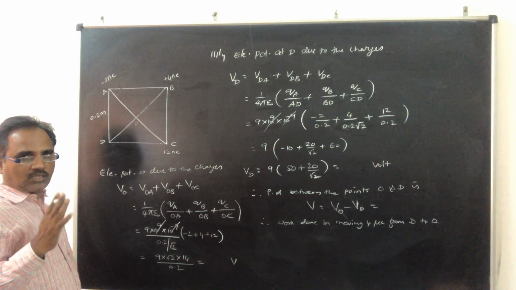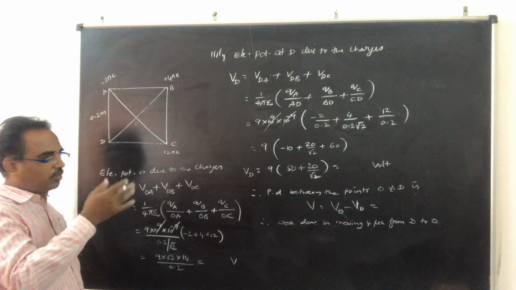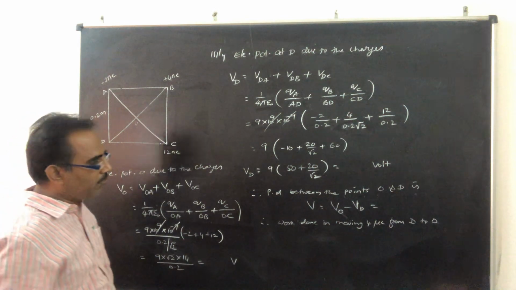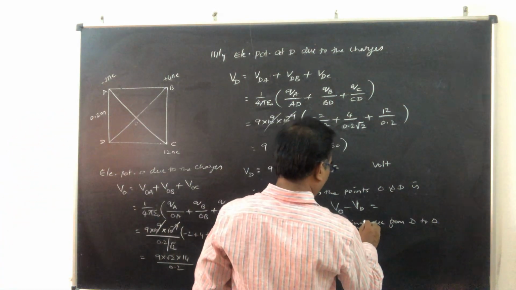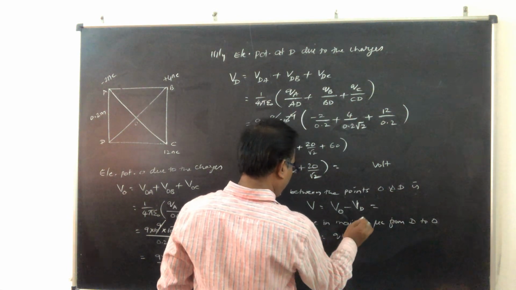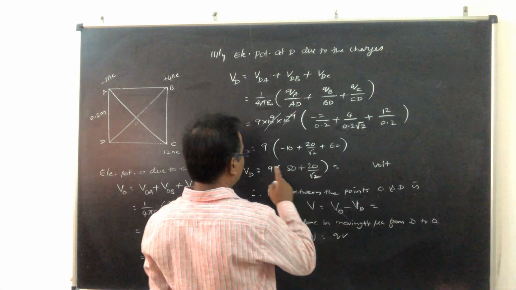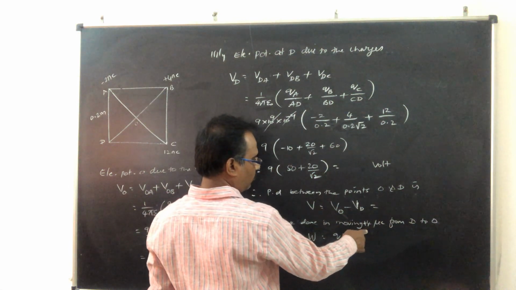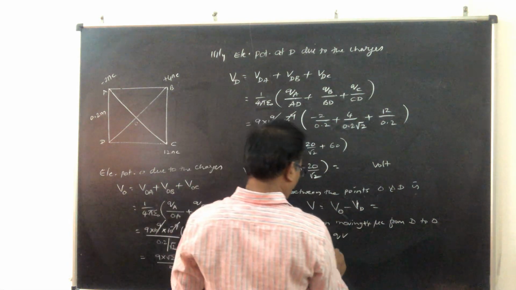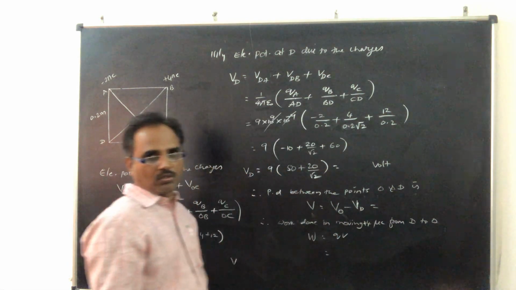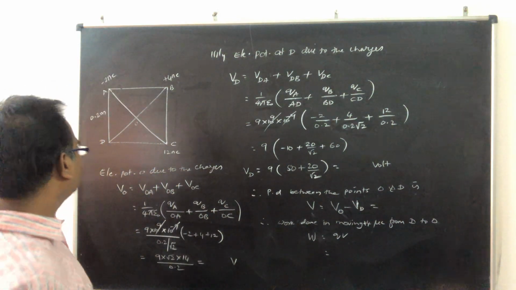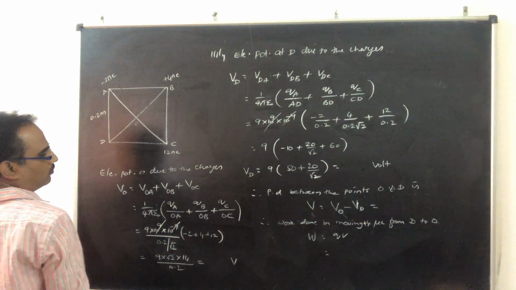So when a positive charge is to be moved from lower potential to higher potential, positive work is to be done. So therefore, this W is equal to Q into V. You know this Q, plus 4 nanocoulomb, you know this V. So you do this substitution calculation. You will get the amount of work done in moving the charge from D to O.